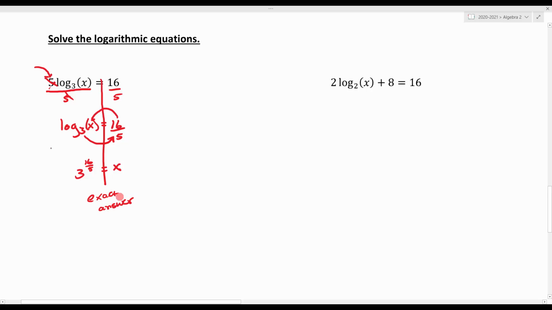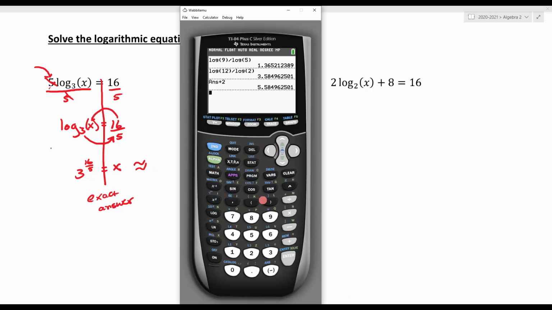And when you go to put your answer into MyOpenMath, this is what I want to see. I want to see 3 raised to the 16 over 5, no decimals, no nothing like that. Once you get this entered in for your exact answer, then you can go to your calculator and get the approximate. Here's how you do it. I'm going to do 3 raised, and then type in 16 divided by 5. It should look just like this, and when I hit enter, I'll get my decimal approximation.